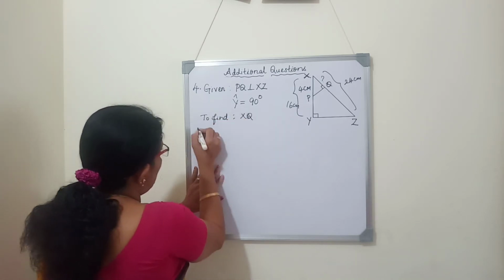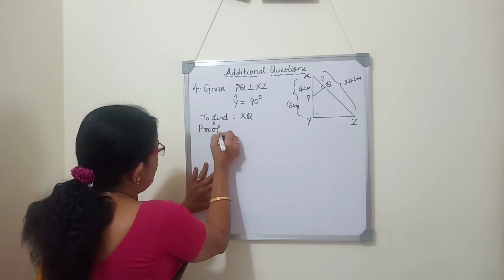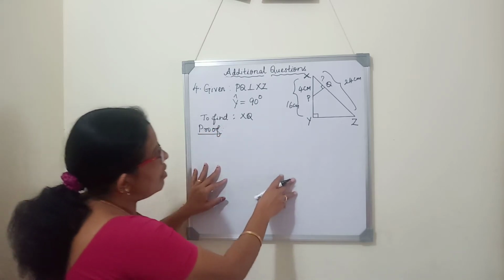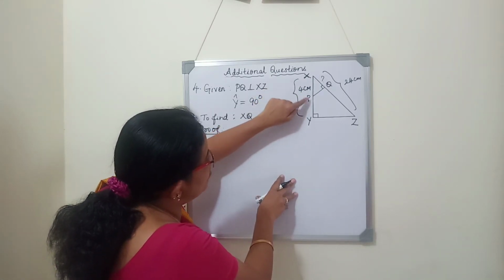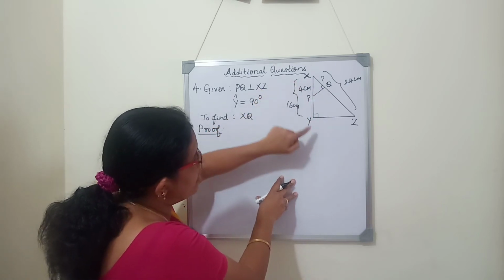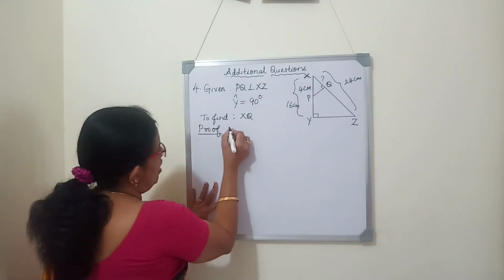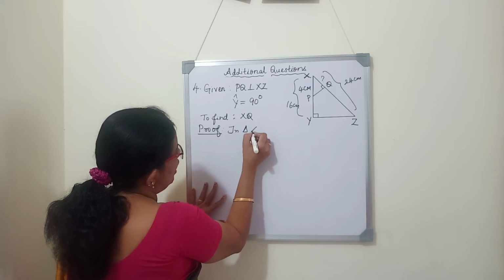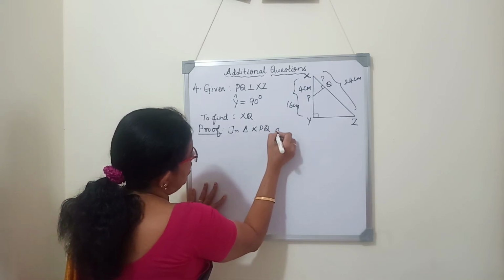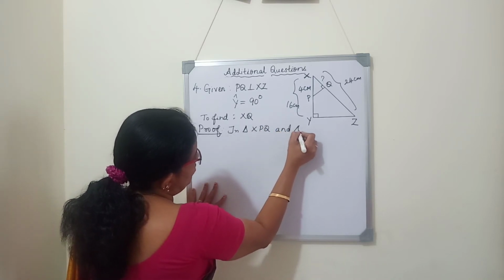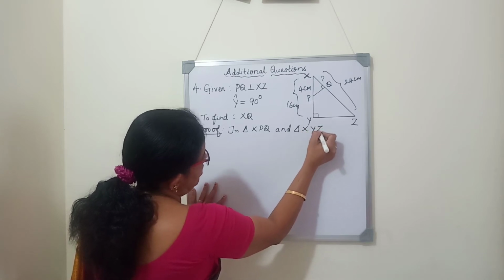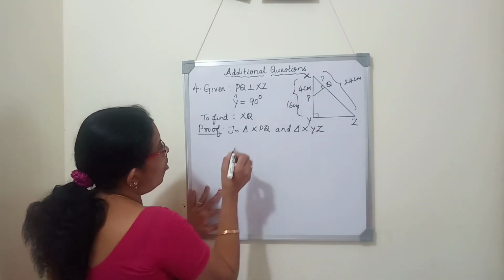So here, two triangles. Which are the two triangles? XPQ is one triangle and XYZ is another triangle. In triangle XPQ and triangle XYZ, X is a common angle.